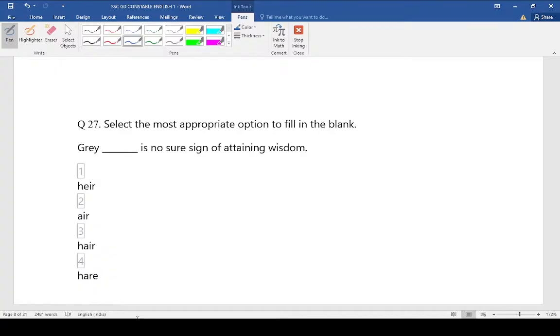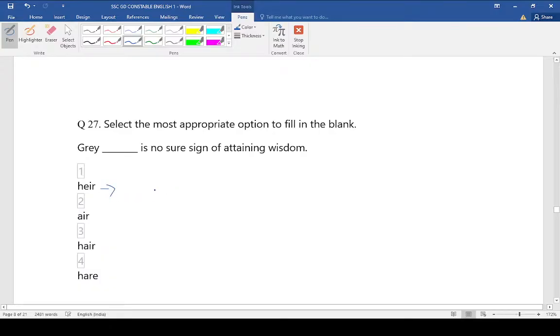Select the most appropriate option to fill in the blank. Gray dash is no sure sign of attaining wisdom. So all are uttered with the same pronunciation. Heir, hair, hare. Everything has a different meaning, right? First of all, we will go with the first word, heir.